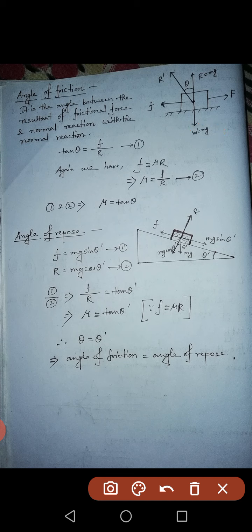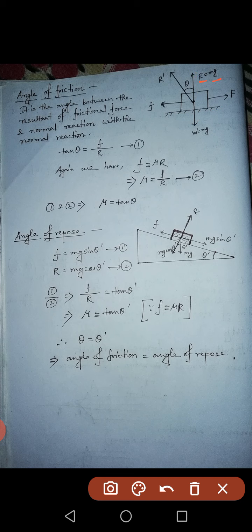Now since weight is acting in vertically downward direction and since the object is placed on a horizontal plane, the reaction force R will act on the object in vertically upward direction, and the magnitude of the reaction force becomes equal to mg only, that is weight.